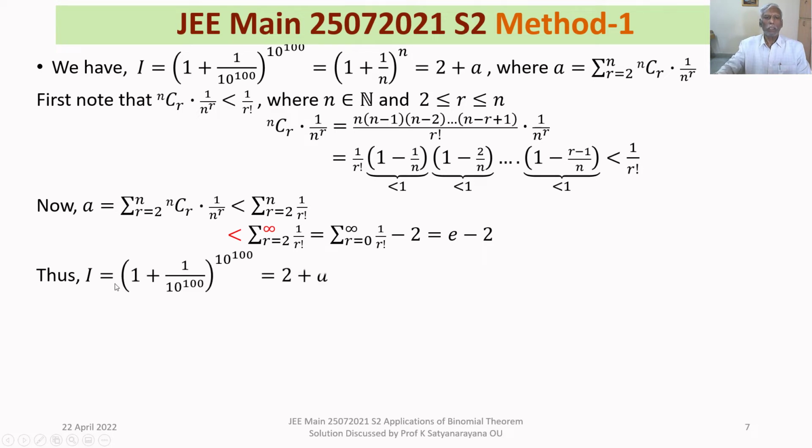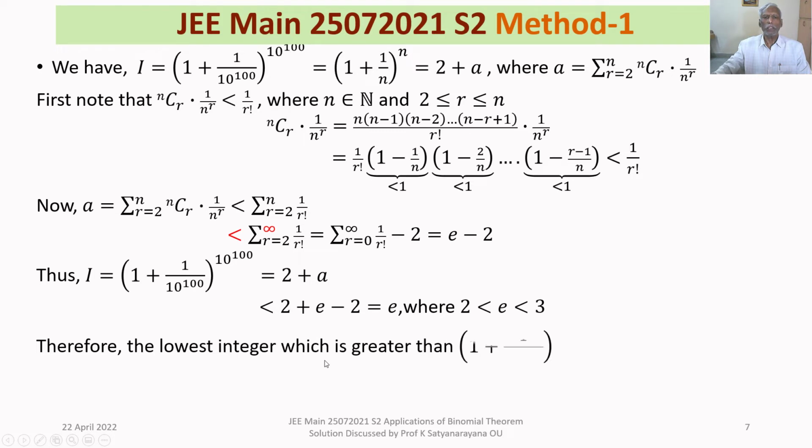Thus I = 2 + A, where A is less than e - 2. So 2 + A is less than 2 + e - 2, and the 2's cancel, which is equal to e. So I is less than e, where 2 < e < 3.